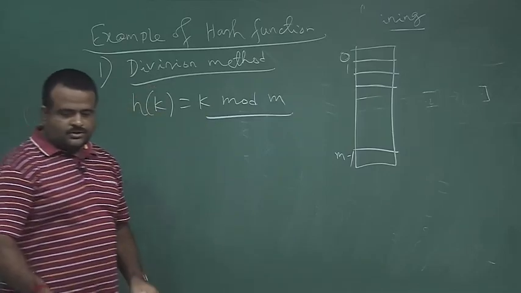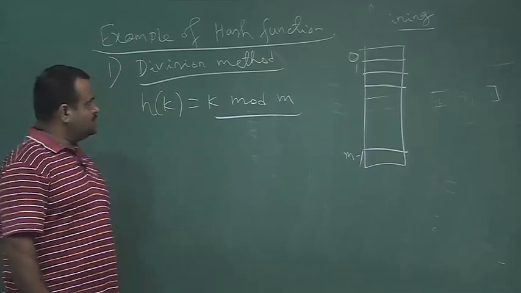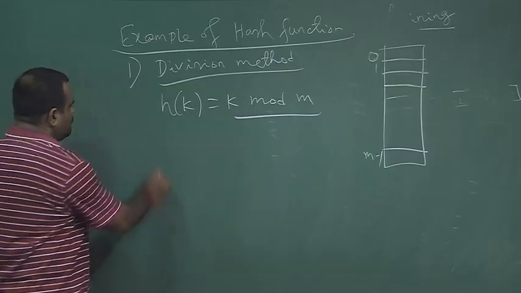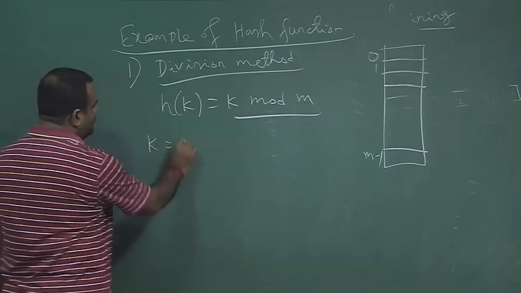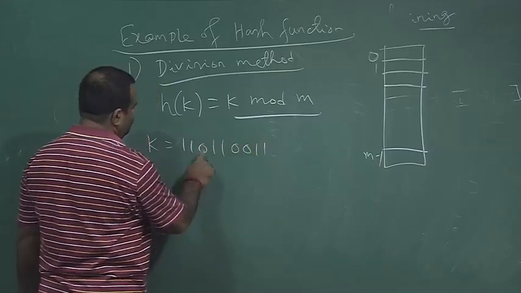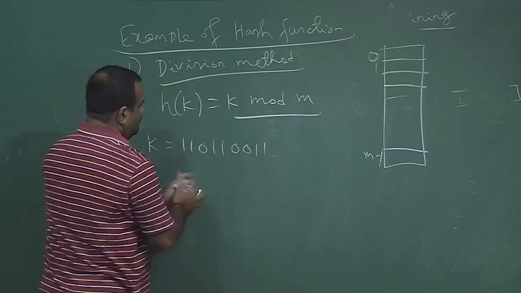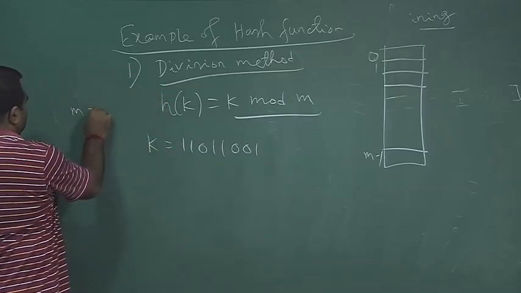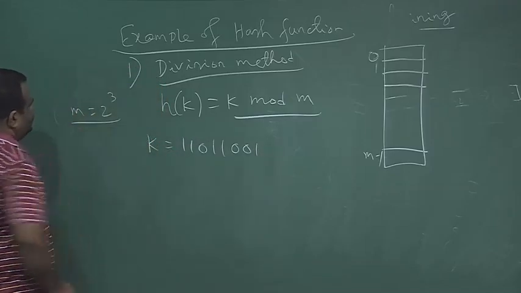Now the question is how good this hash function is. This will depend on the choice of m. Suppose our k is 8 bit, 1, 2, 3, 4, 5, 6, 7, 8. Now, suppose our m is 2 to the power 3.